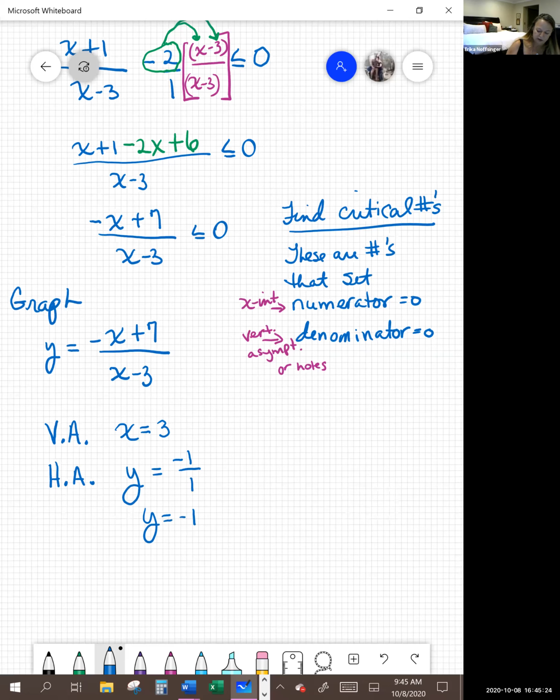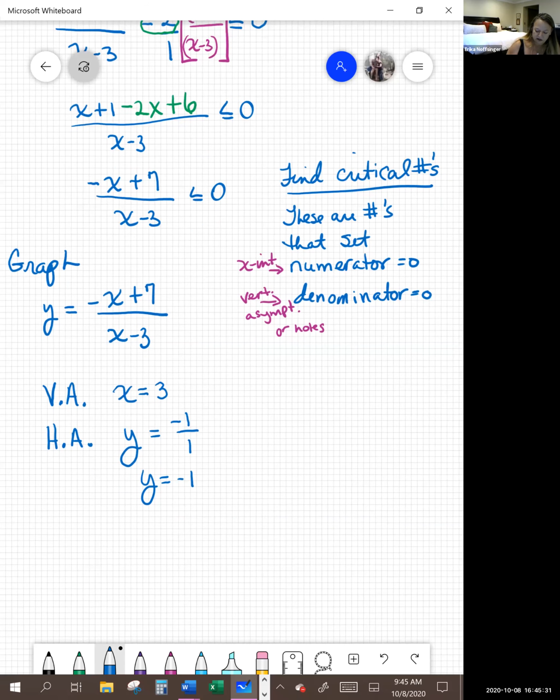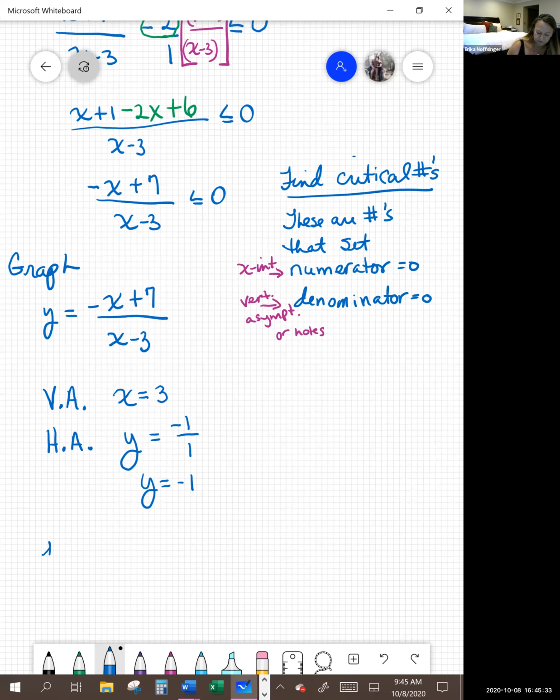That doesn't really help us if we're looking for critical numbers, but it's going to help us graph it. And then intercepts. Well, what sets our numerator equal to 0 is when x is positive 7. So I know I have an x-intercept when x is 7, y is 0. And if we plug in 0 for x, that's going to give us the y-intercept.